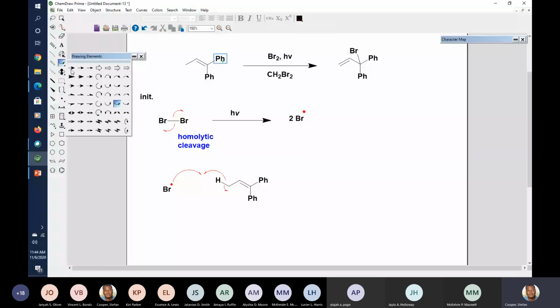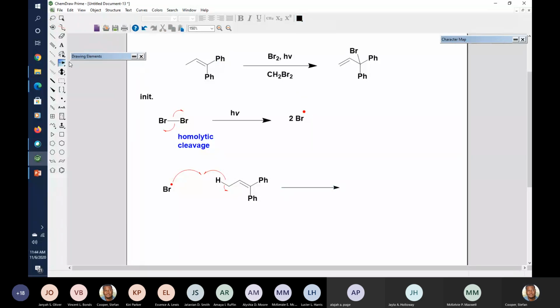And once I do this step, I'm going to generate this radical here, right?